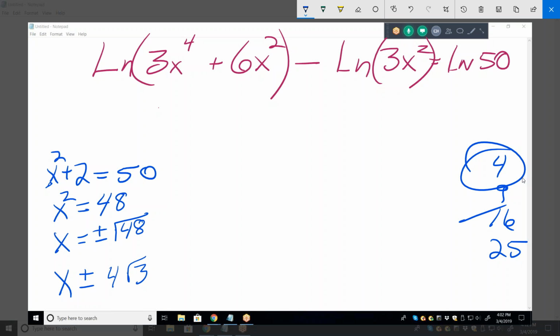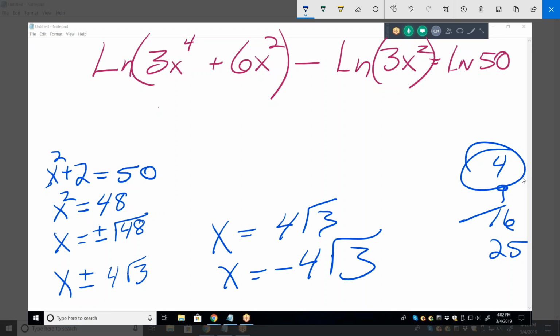Okay. Now, do either of those solutions, in other words, this solution and this solution, violate the domain?